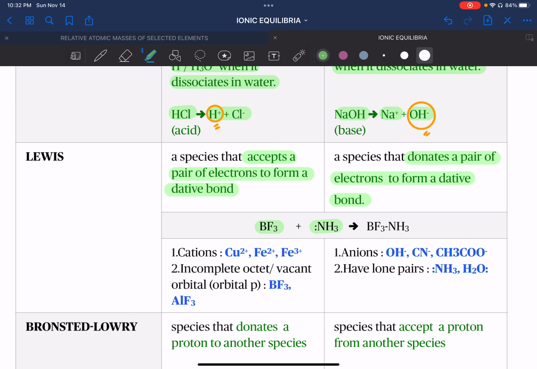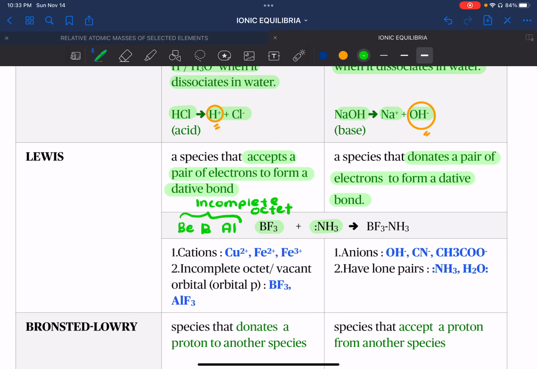So, ingat balik kita belajar chapter 4, kita ada 3 atom berbar. These 3 atoms are in incomplete octet. So, what happened? All these 3 will accept electron.